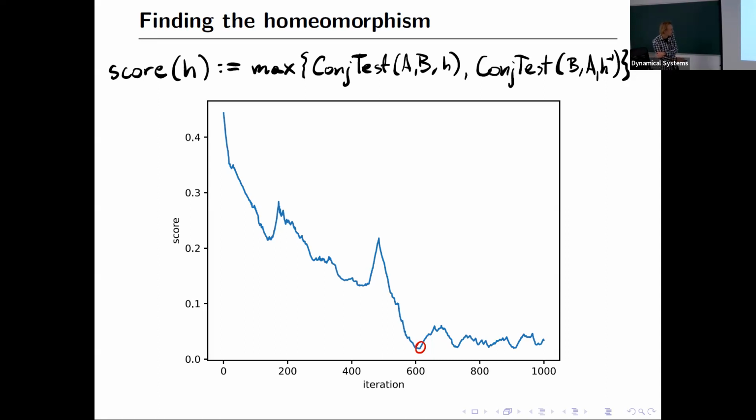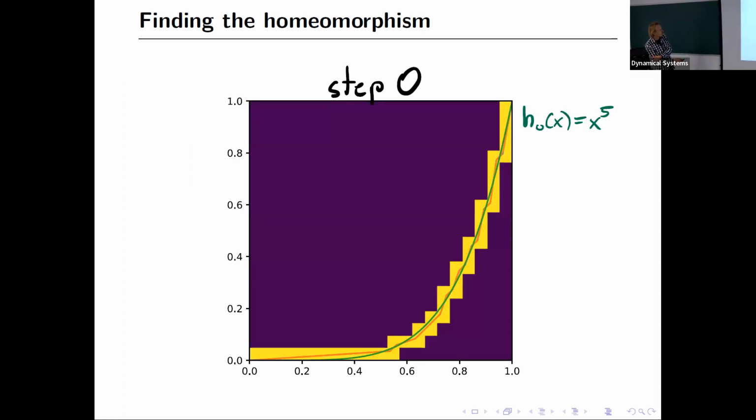And we can see that for this experiment, we get a very small value after about 600 steps, and then we kind of reach the plateau. We can't get anything better. So this was our starting point. We had this naive first guess, x to the power of 5, as the homeomorphism.